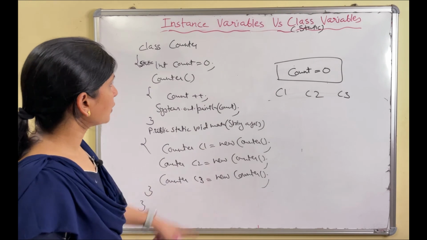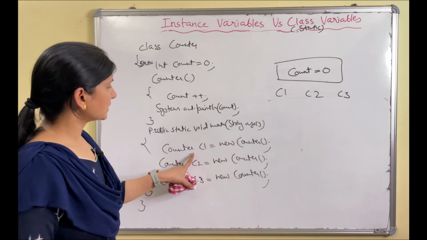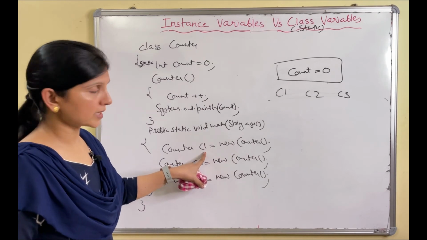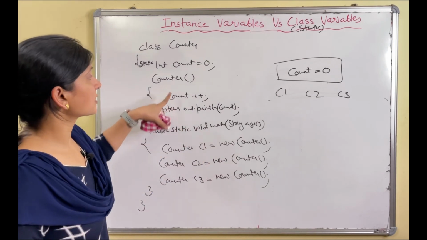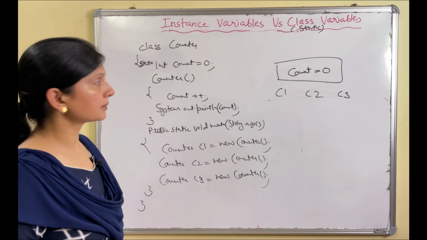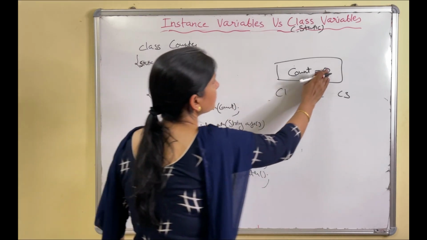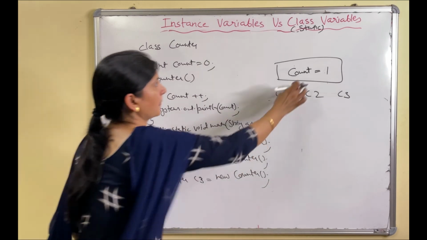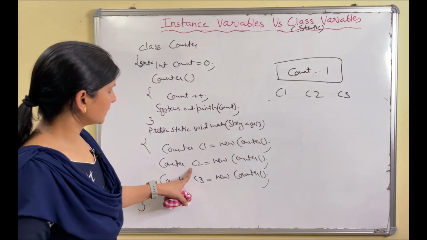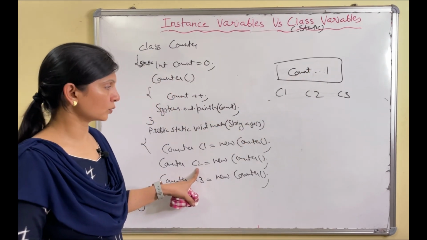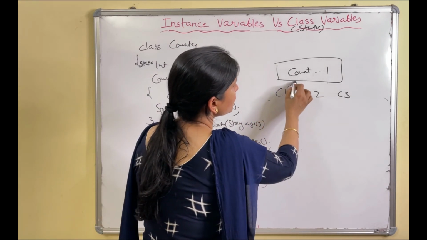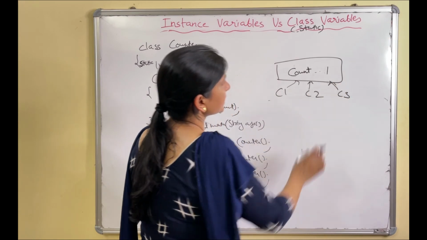Fine. So count was initially 0. As we declare Counter C1 equals new Counter, as we create the object C1, again the constructor will be called, increment will take place, so count will become 1. Now as we create the second object C2, as I told you, all objects will share the same variable.